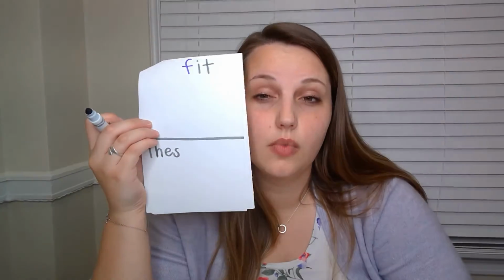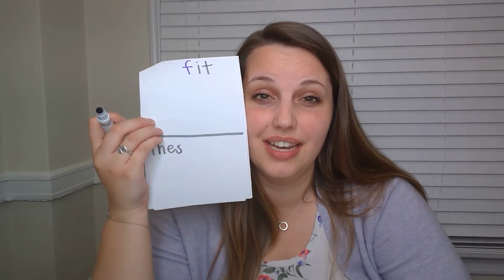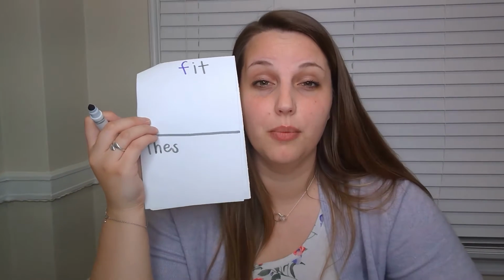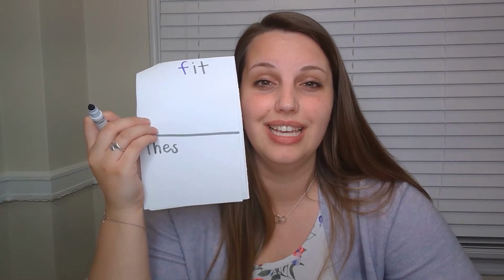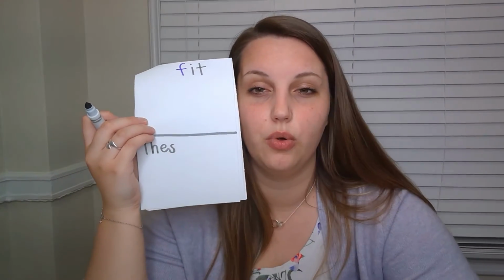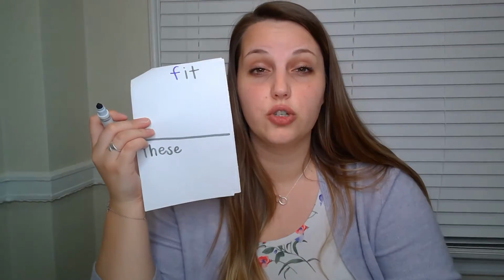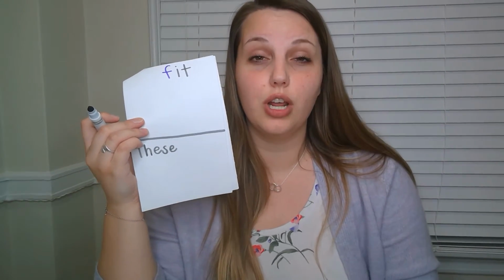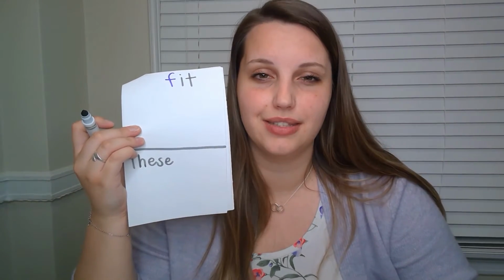S, right. These. And then there's a silent E at the end because we need to make this vowel become the long vowel. We need that E to help us make this vowel say its name. E at the end, our first grade word. Nice. Okay, the next word is the word pants.